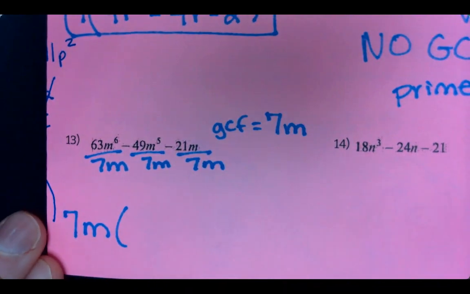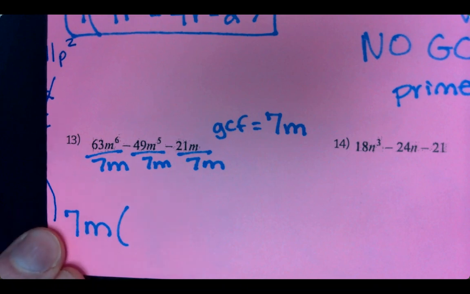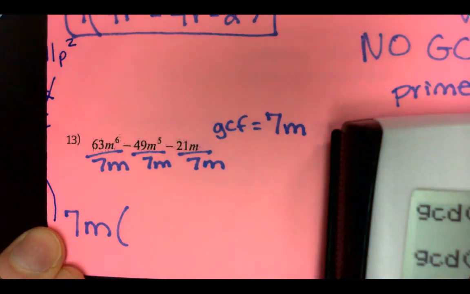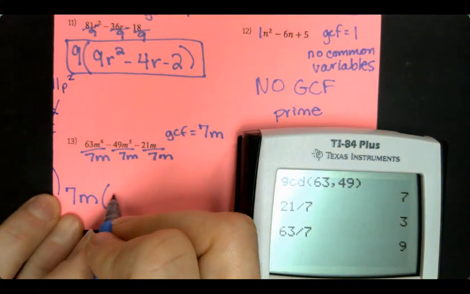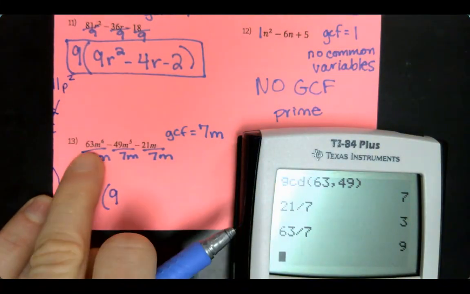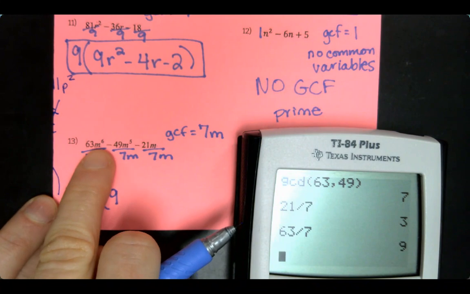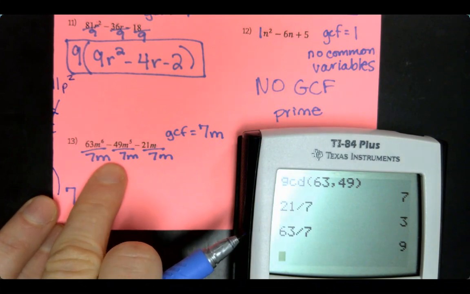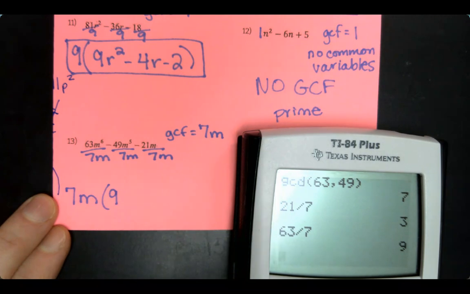So go ahead and divide that. So that would be 9 because 7 times 9 gives us 63. M6 over M. If we have 6 M's, but we factor one out, we're left with 5.